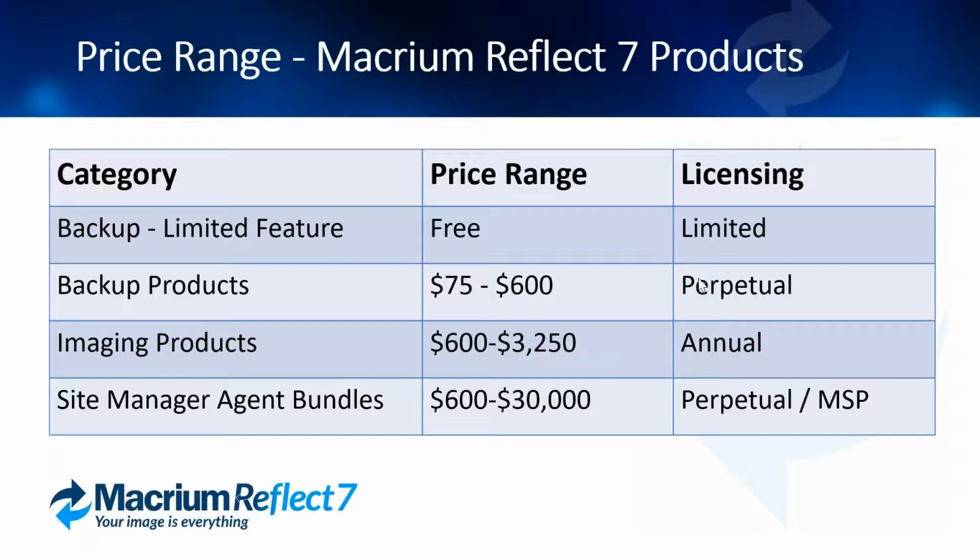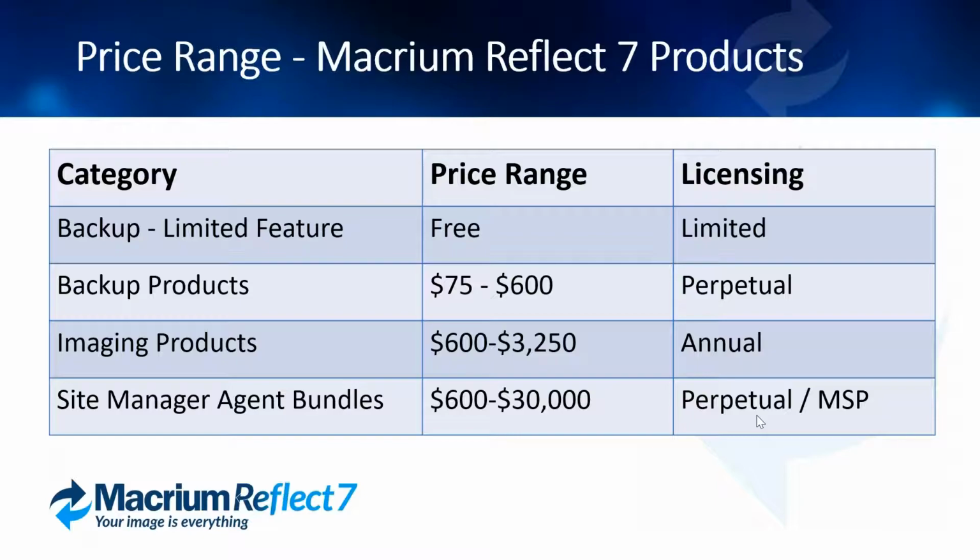The server products, on a standard server, we're looking at $300, but with SQL or Exchange we jump up to $600. Our imaging products, which are very popular, are licensed to a technician and not a machine, and are used for pushing a gold or standardized image to as many machines as someone wants. Those sit at a little higher price point and get you up to $3,200.